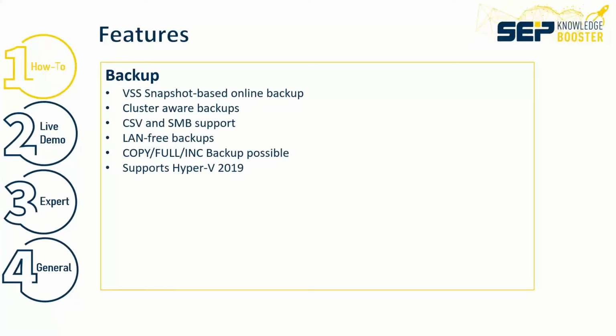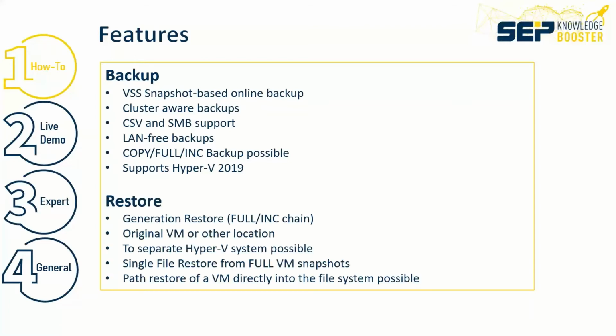We support Hyper-V version 2019 and lower, of course. So also in that case, always the latest version is supported. We support generation restore for the restore. That means we support the full incremental chain. You just have to select the backup from the time frame that you need, and that's it. We will see that.